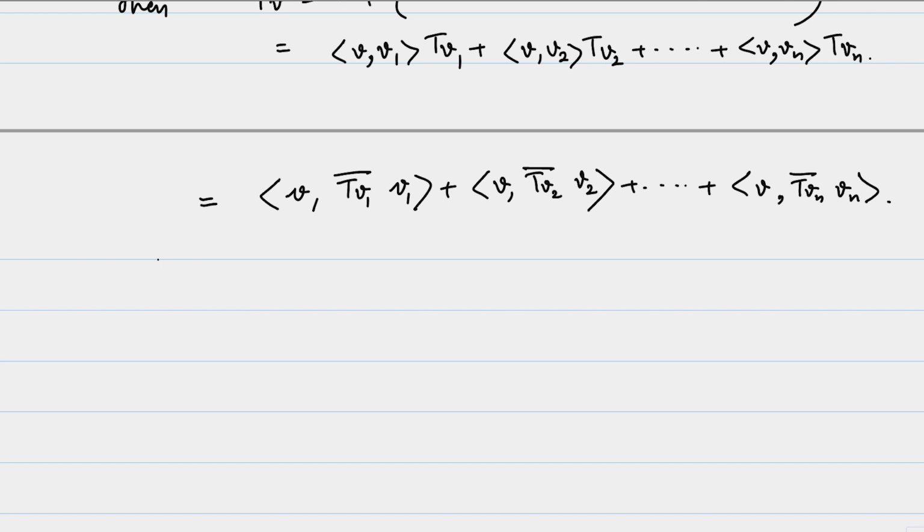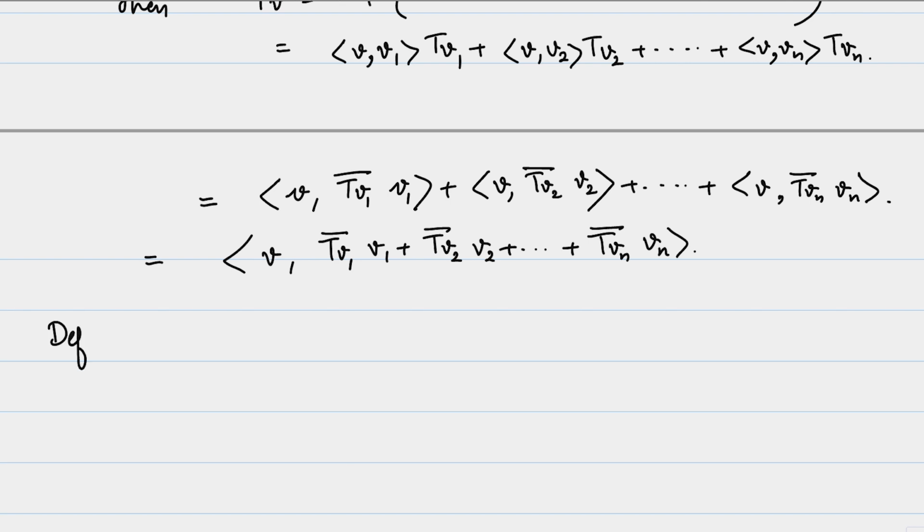Now by the properties of the inner product, this is just the inner product of V with TV1 bar V1 plus TV2 bar V2 plus up to TVn bar Vn. So let's define W to be this vector.